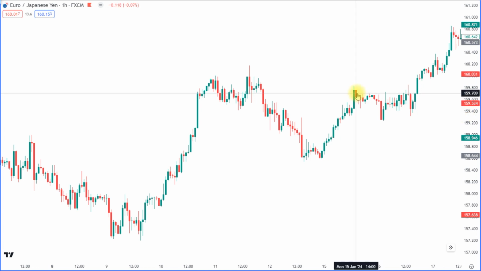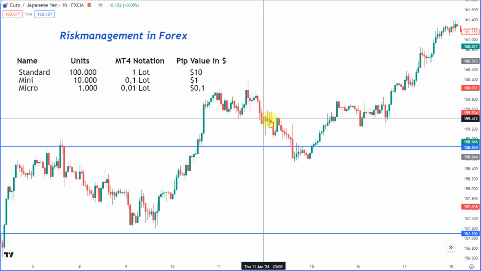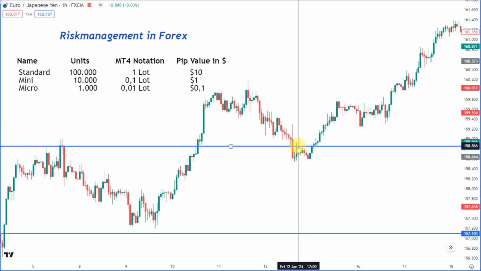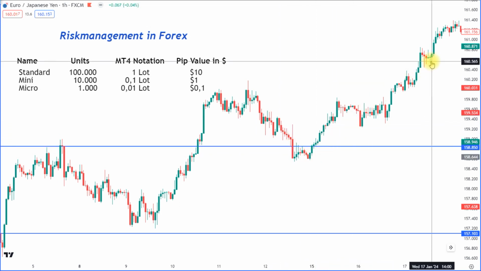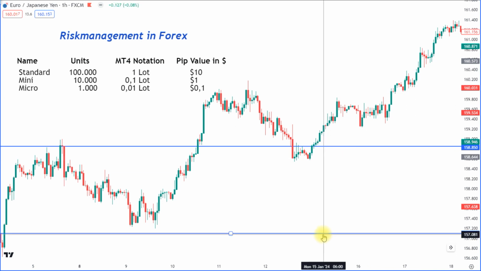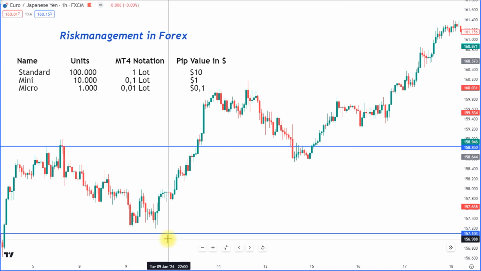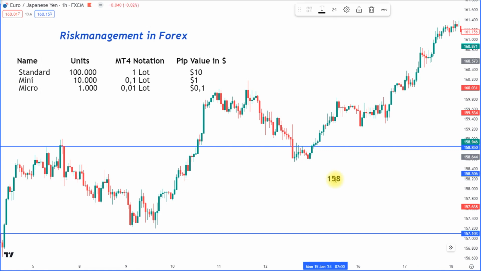We will do a quick example for you to get used to it. So here, let's say we enter the market after the pullback is ending into the trending direction long and place our stop loss here below the last low. And then we see we have a risk of 15885 minus 15710, which equals a pip size of 175 pips.